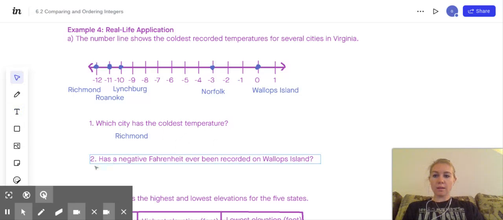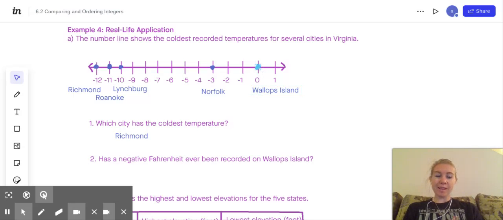Question 2 says, has a negative Fahrenheit, so we're measuring in degrees Fahrenheit, ever been recorded on Wallops Island? Going back, it says these temperatures are the coldest recorded, so the coldest ever. So we want to know if Wallops Island has ever been negative. Well, Wallops Island is at 0 degrees.